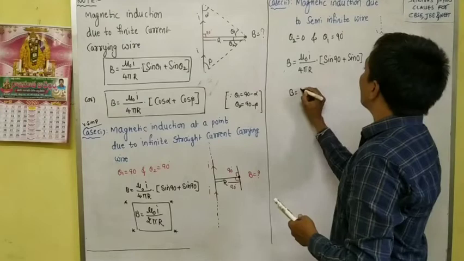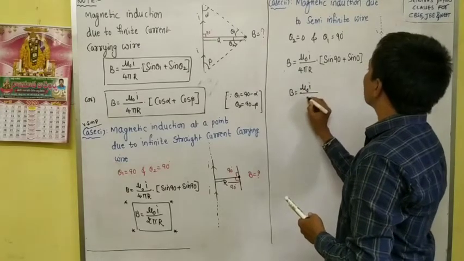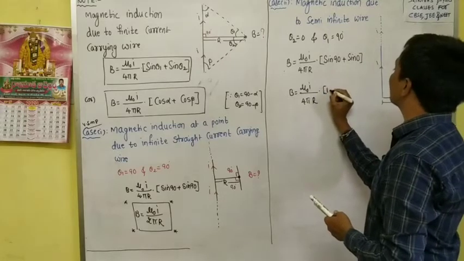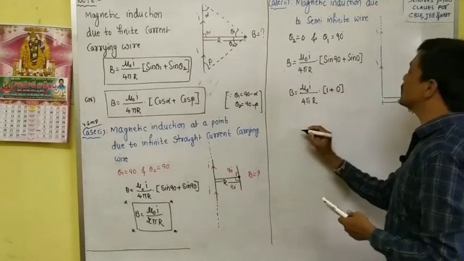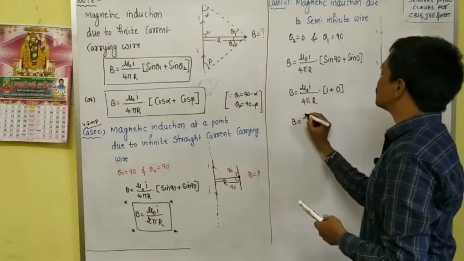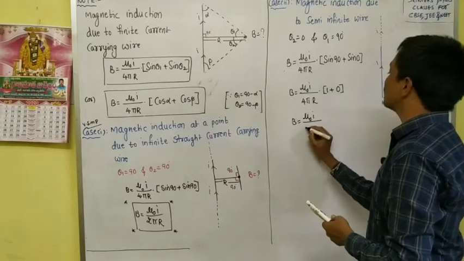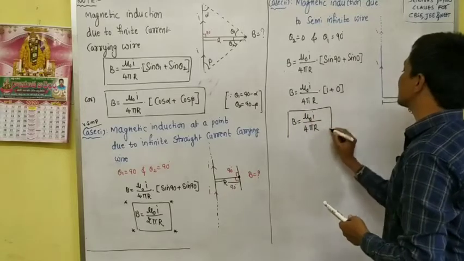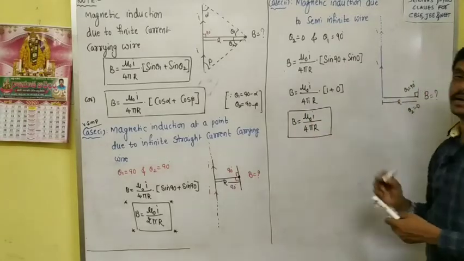That is mu naught I by 4 pi r into (sin 90, which is 1, plus sin 0, which is 0). The final formula is mu naught I by 4 pi r. This is for the semi-infinite wire at one end.